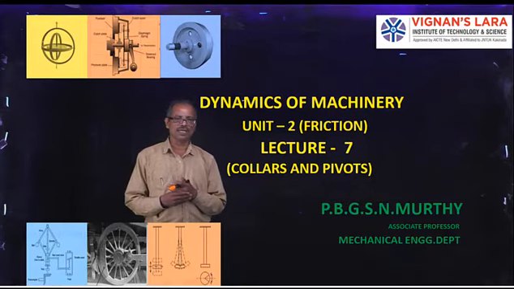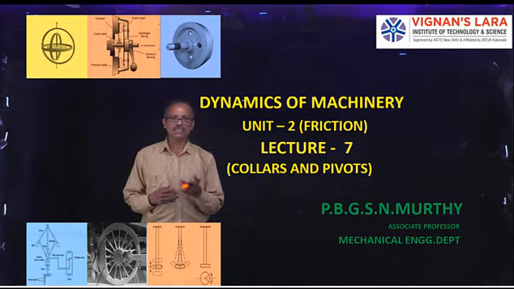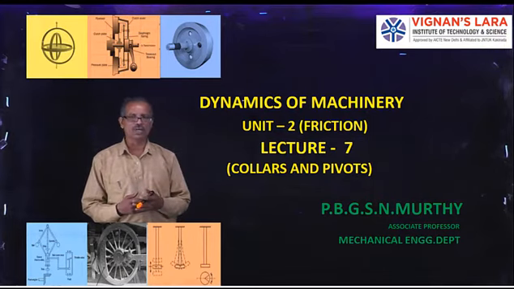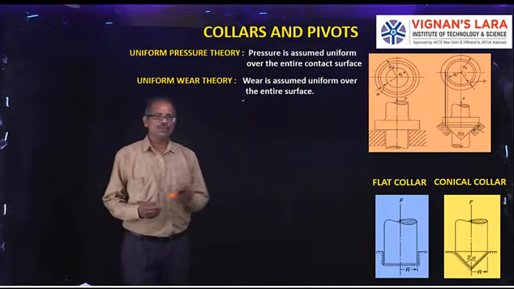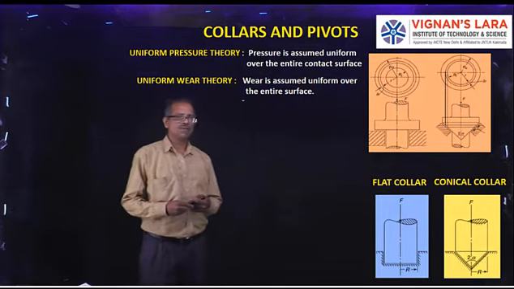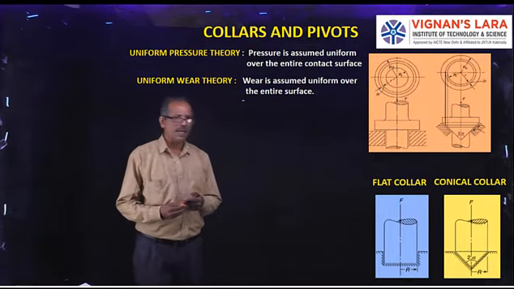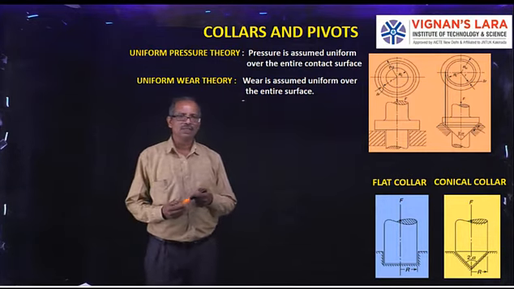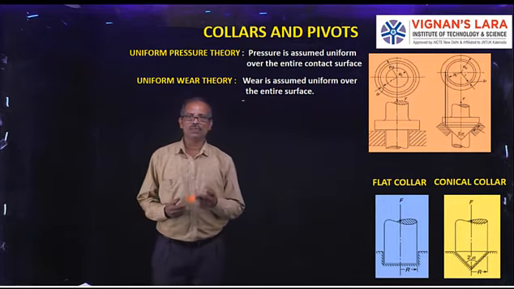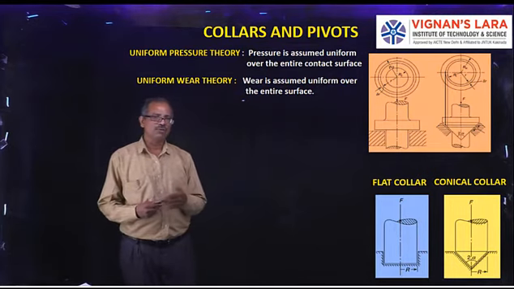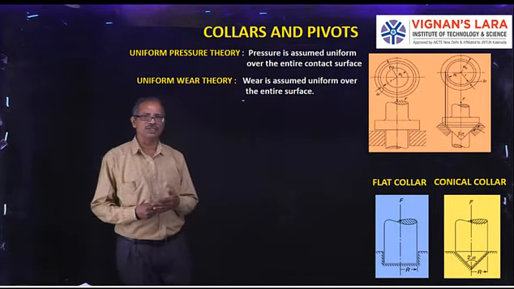So first let us see what is a collar, what is a pivot, and where we use collars and pivots. You can see in the diagram we have shown a model of a collar as well as a pivot. First let me tell you what is a collar and what is a pivot and how they are useful in mechanical applications.